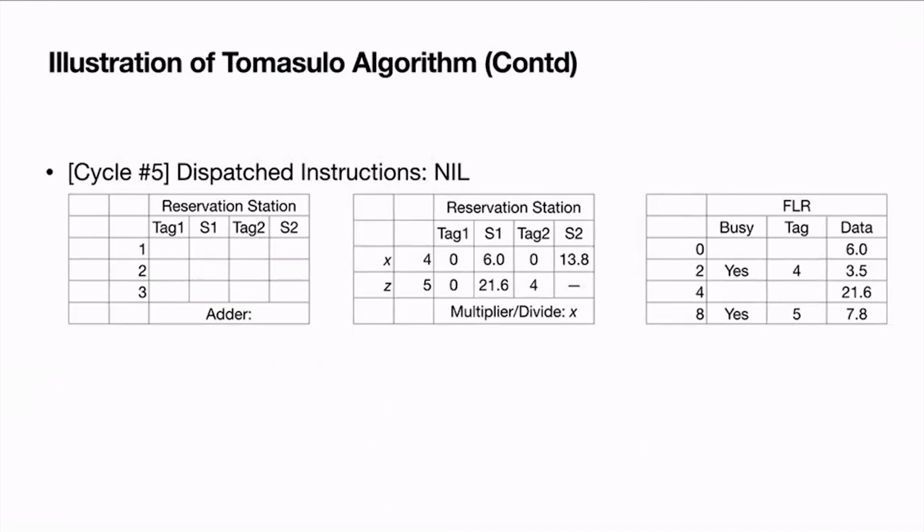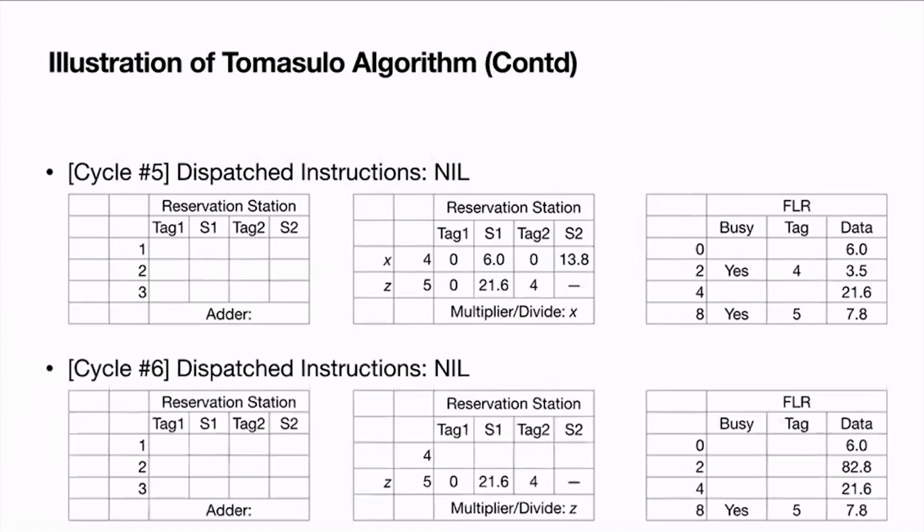And similarly, in cycle 6, because in cycle 3 the multiply operation got 2 operands, now in cycle 6 it completed. Now that value is also written to appropriate places and so on. And now you are going to get the values for the second operand of the multiply operation, and that will again take another 3 cycles and so on.